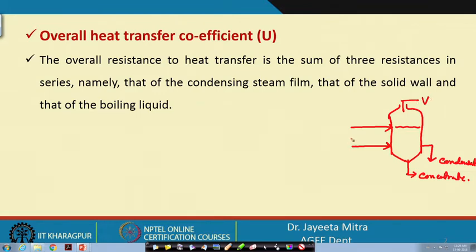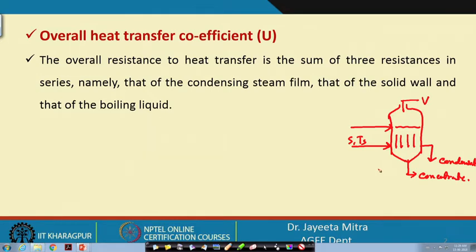Okay. So, the steam which is coming is condensing over a surface. We have seen that there may be short tube evaporators, or vertical long tube evaporators, or simply a jacketed kind of open pan evaporator.